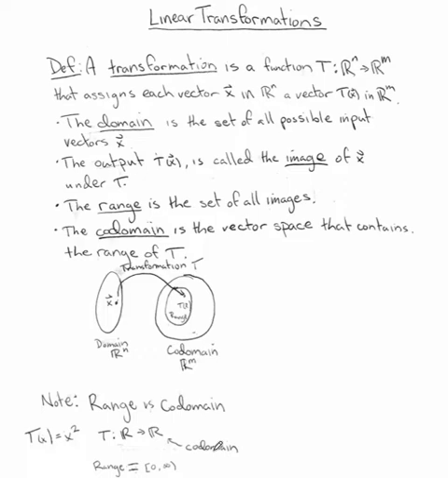But I'm never going to get negative numbers when I apply this transformation. So if I look at all the outputs that I'm ever going to get, I'm never going to get -1 or -2 and so on. So my range is only numbers that are greater than or equal to 0. That's an example where your range could be different than your codomain.